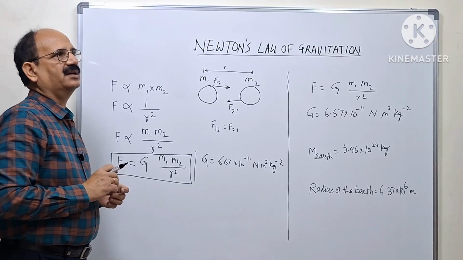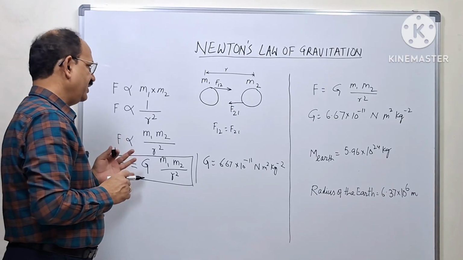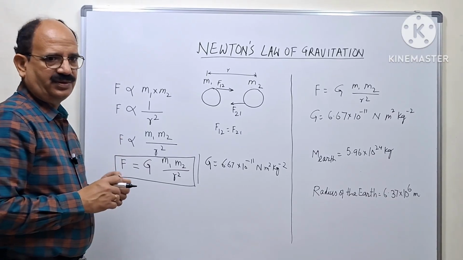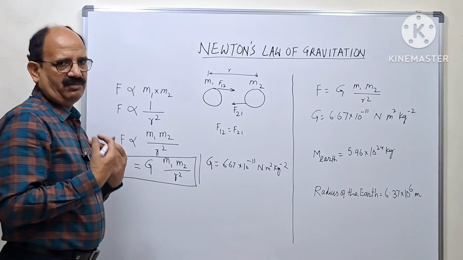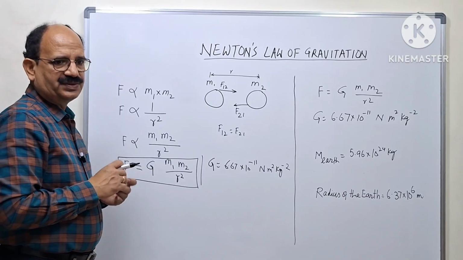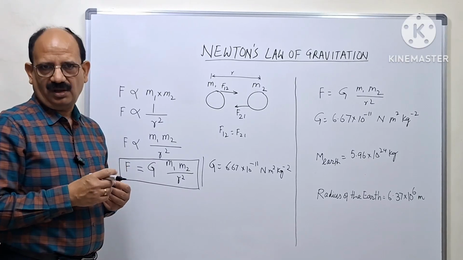And the reason for that is that the force of gravitational attraction between two objects whose masses are small, like my mass and the mass of the board, is very, very small.